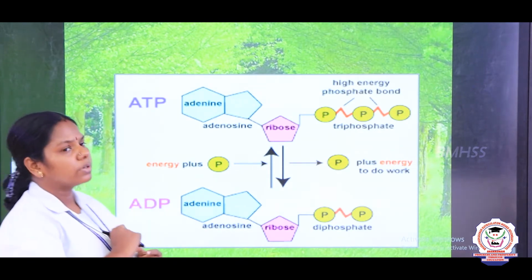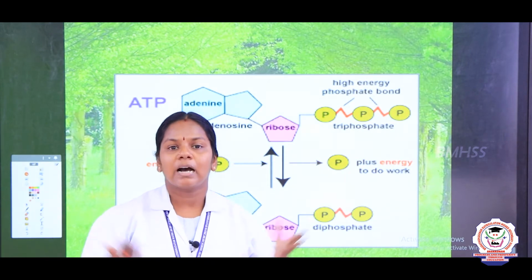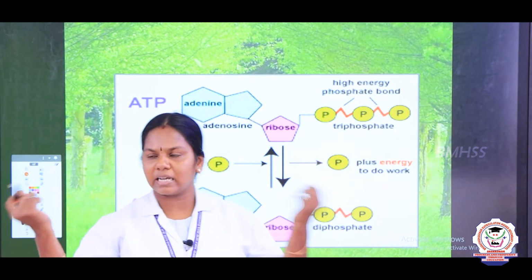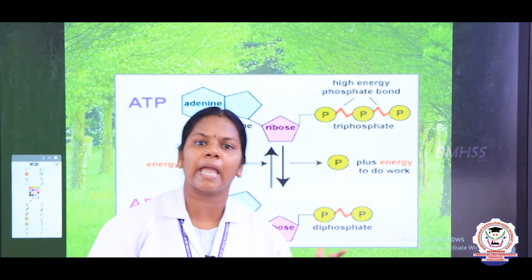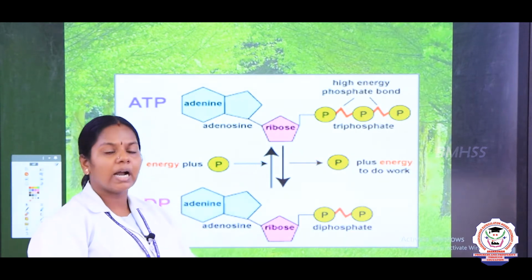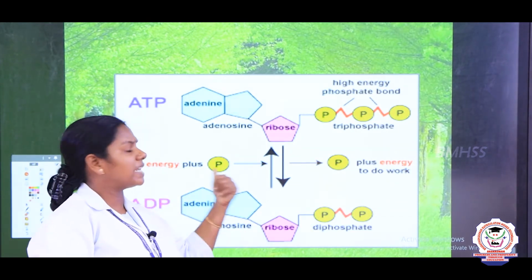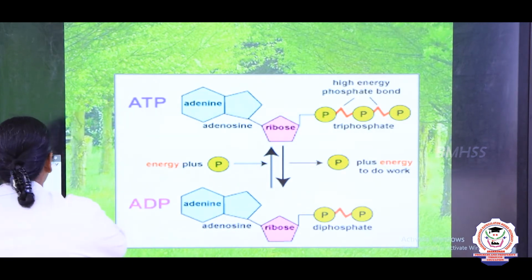So oxidation of food takes place. Whenever the plants get sunlight, chlorophyll and carbon dioxide, what happens, children? They prepare the food and convert it into glucose, right? And now the energy is stored in the form of ATP. What is ATP?